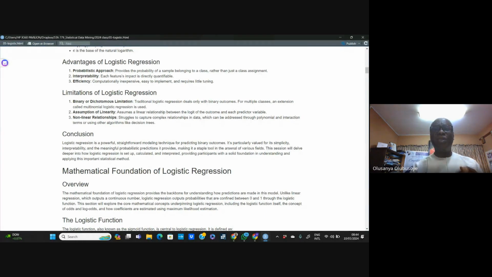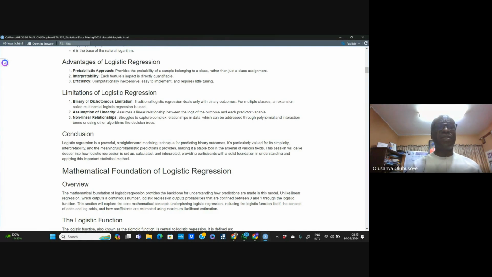So it's only establishing a linear relationship between the logit and the predictor variables, not between the dependent variable in its actual form and the features.